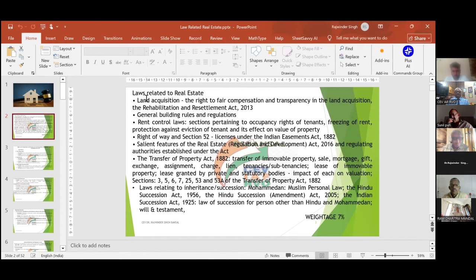As we have learned in the case studies, the effect of rent control on the value of the property.